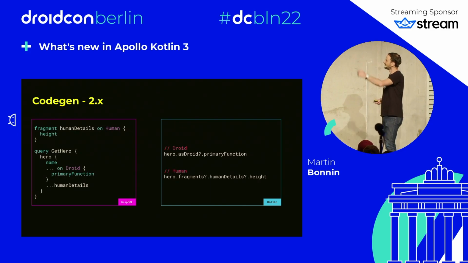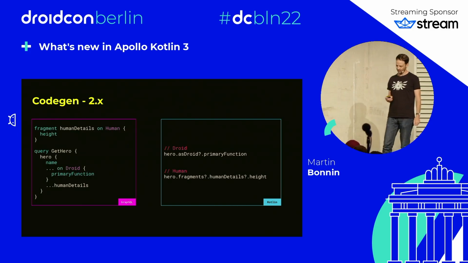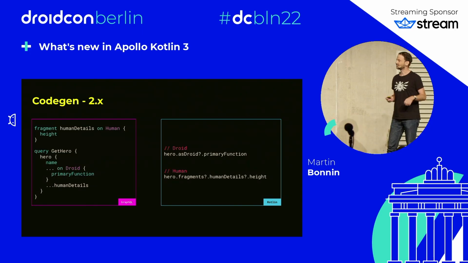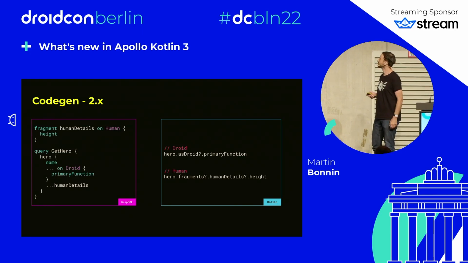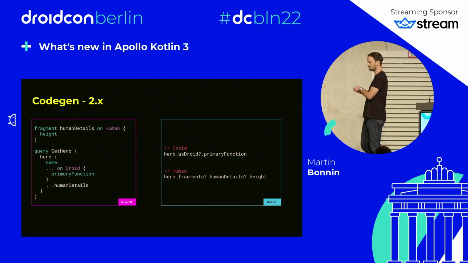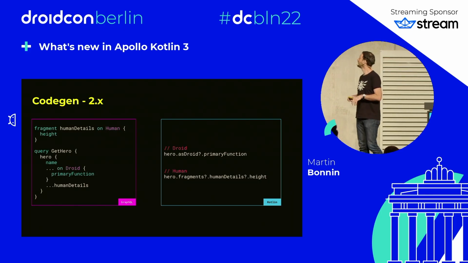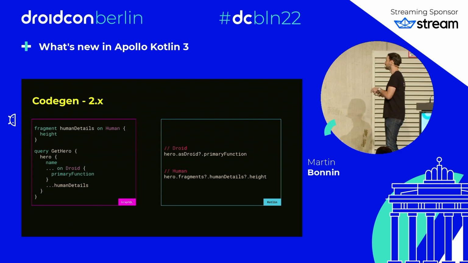It uses an inline fragment for droids and a named fragment for humans. And you would typically use it like this. So you type hero.asDroid.primaryFunction to get something on a droid, and hero.fragments.humanDetails.height for humans. Well, that's a mouthful.